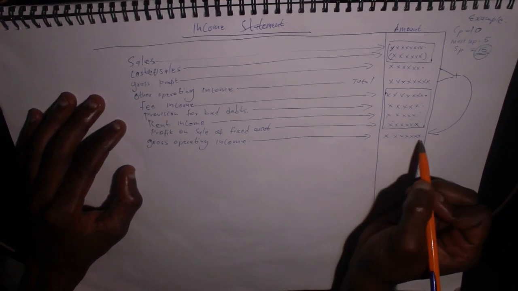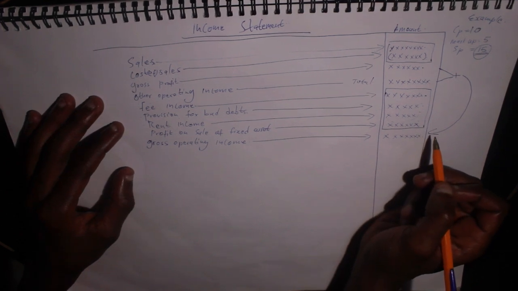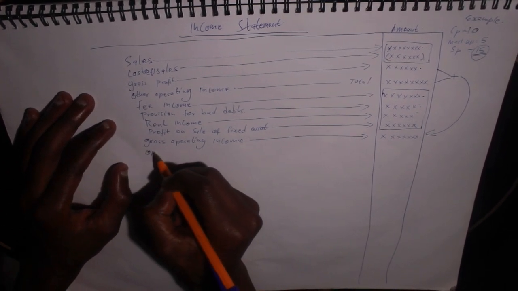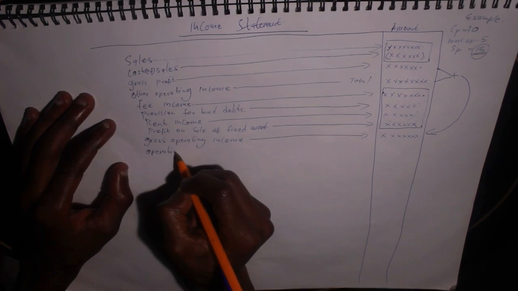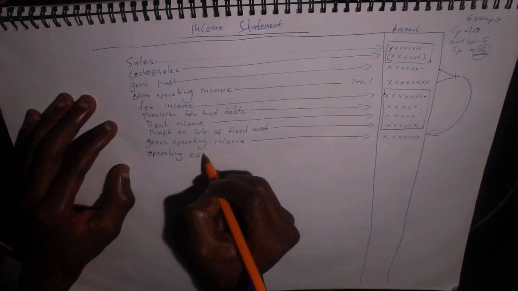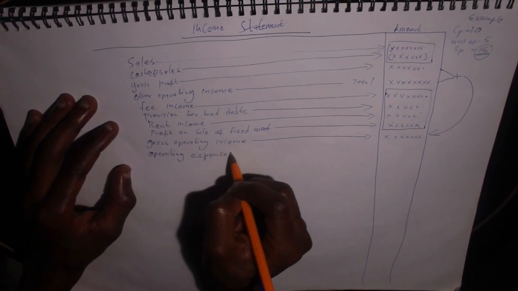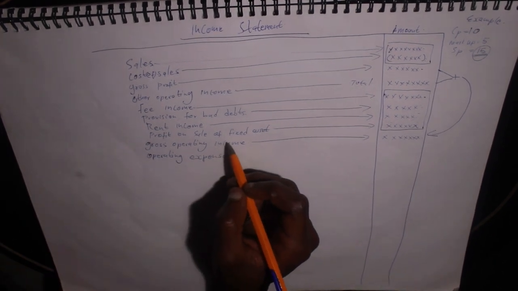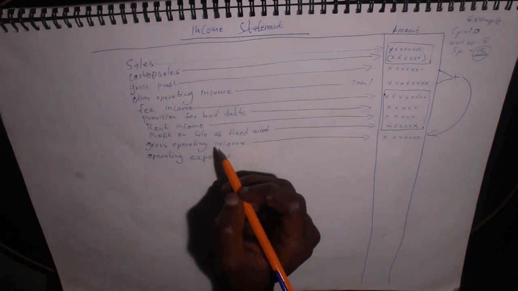Now you leave it as it is. Then we move to the next step whereby we will be focusing on operating expenses. Operating expenses. So I'm going to try to list all the expenses that I can remember.